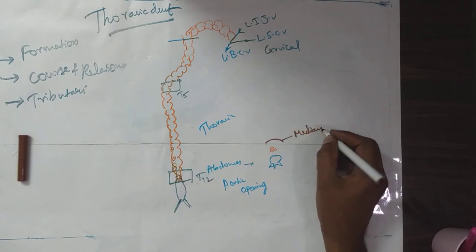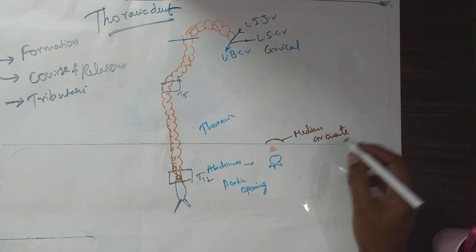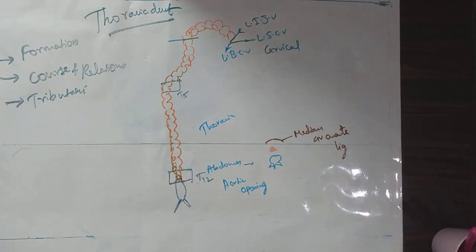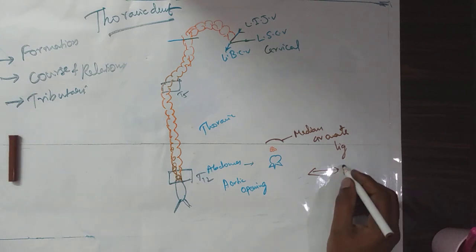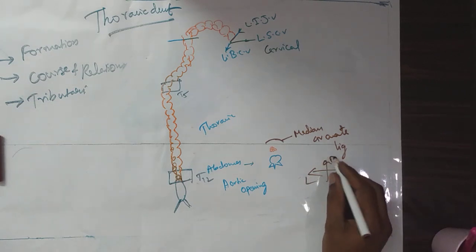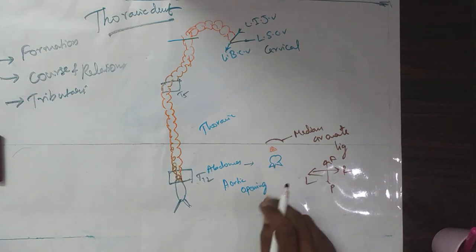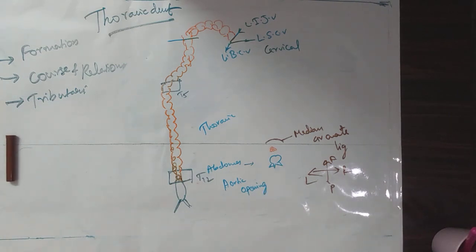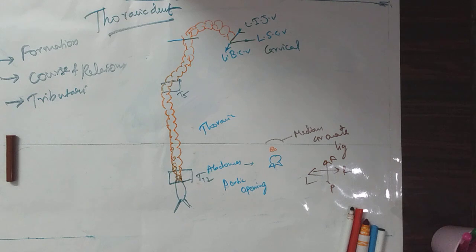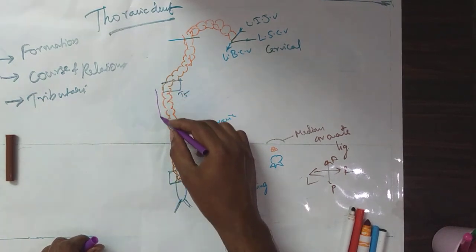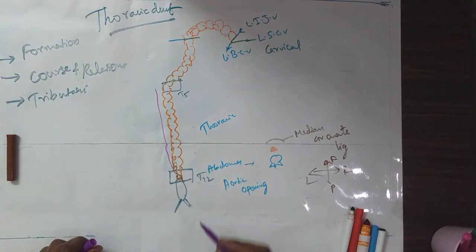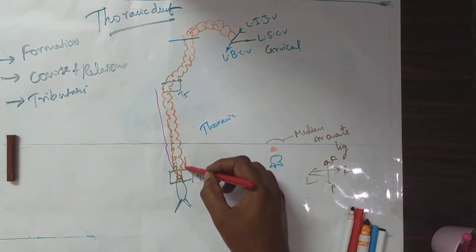This is a structure related with your diaphragm. Median arcuate ligament is on the anterior part. Posteriorly it's related with the vertebrae, and on the right side it's related with the azygos vein, and on the left it's related with the descending aorta.